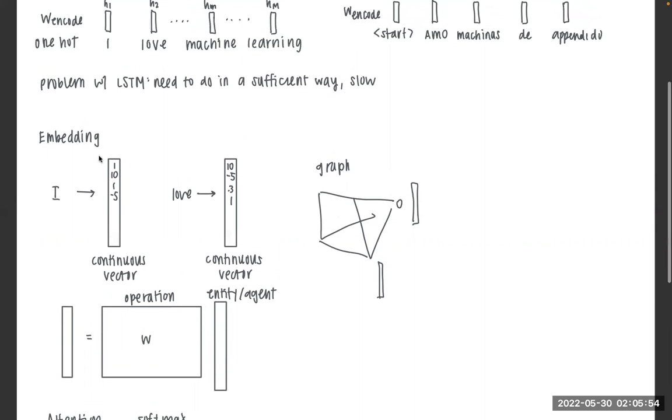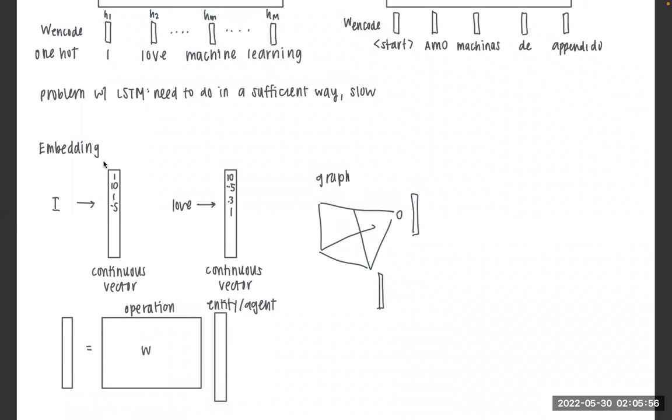So this embedding is quite important because each word, those words are discrete or symbolic, but you embed them as continuous vectors so that you can continue to apply neural network type of differentiable, learnable operations, right?